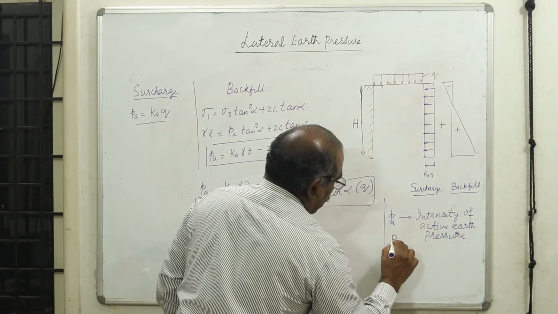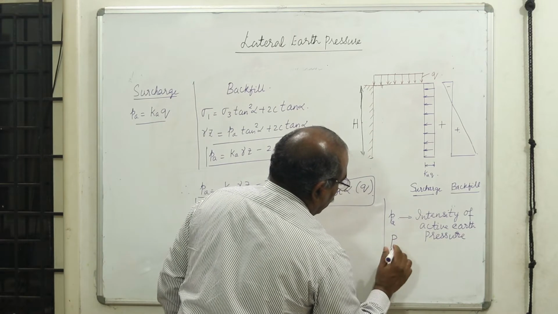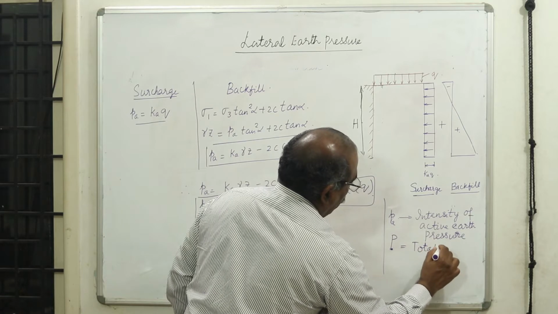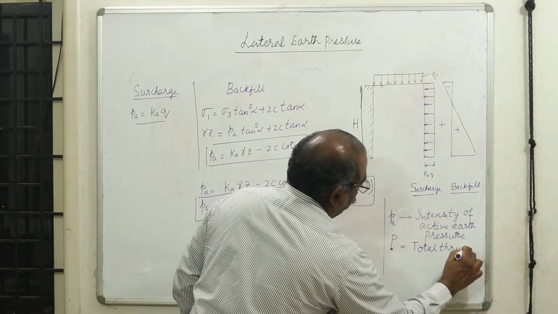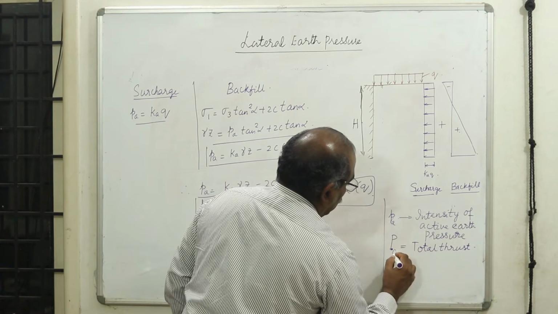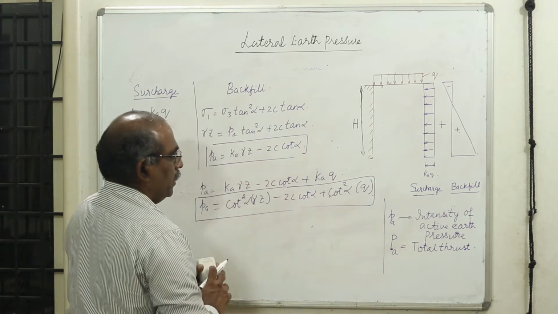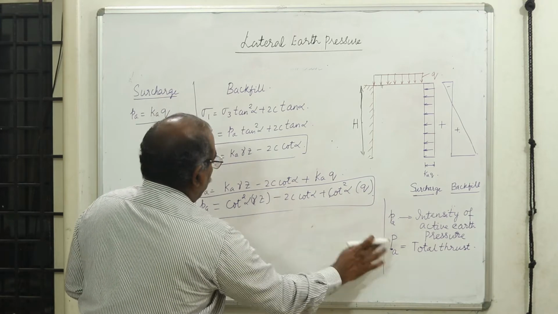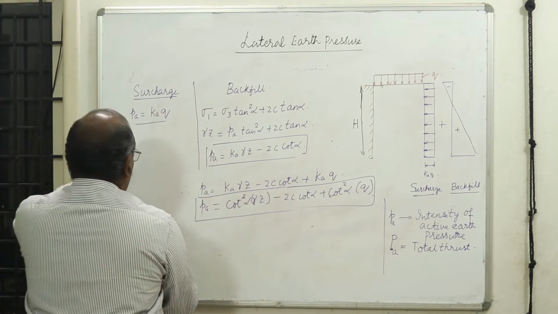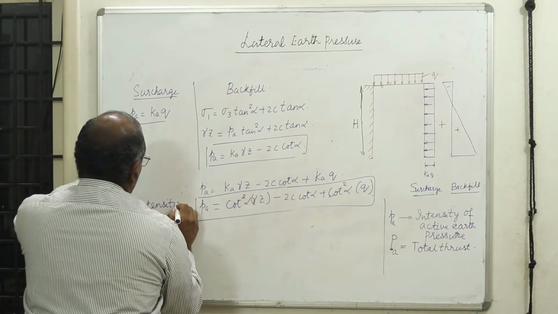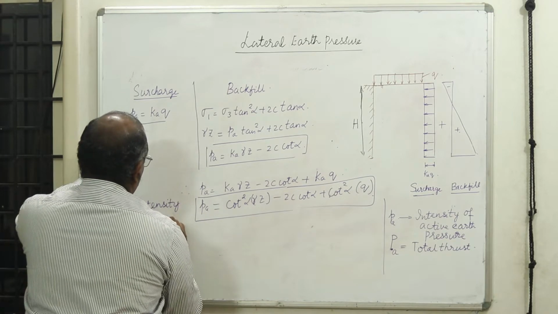And capital P is the total thrust. If it is active case, it is PA, otherwise it is Pp. Therefore, you need to differentiate. This is the expression for intensity of active earth pressure.